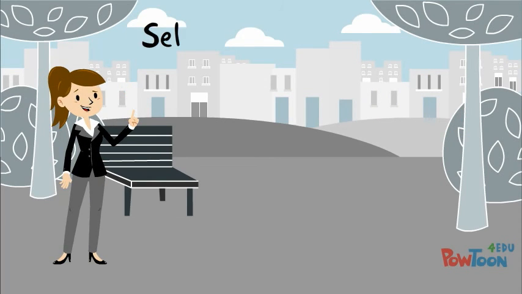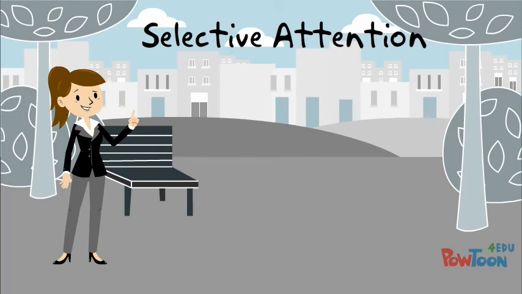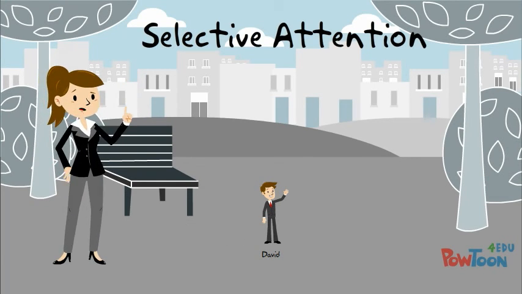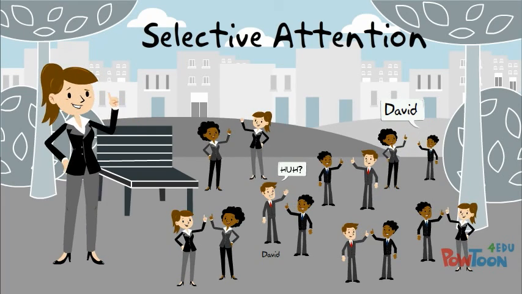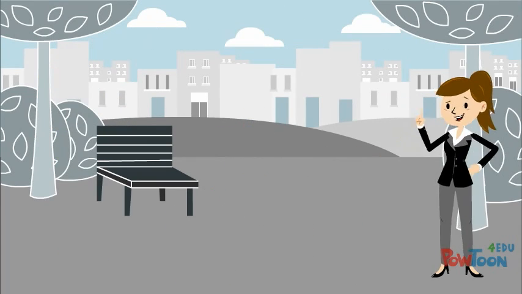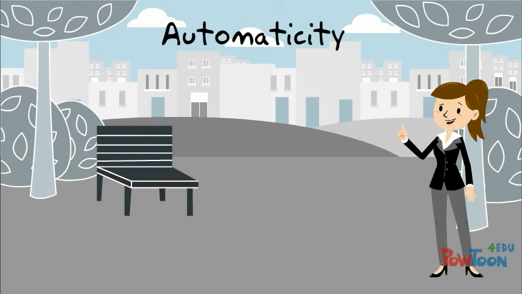The first one is selective attention, where the learner focuses more attention to certain information over competing information. This explains why we can be in the middle of a conversation in a crowded room, ignore all other conversations, yet respond to our name being said. The second type is automaticity, where the learner can multitask when certain information becomes second nature.